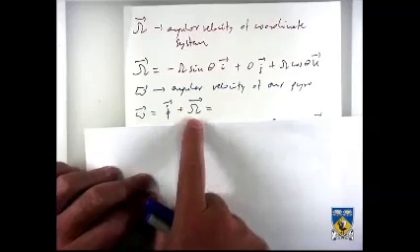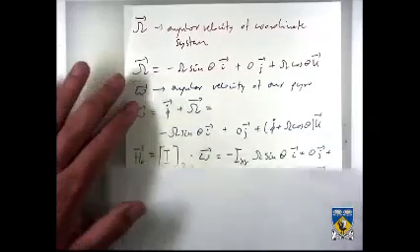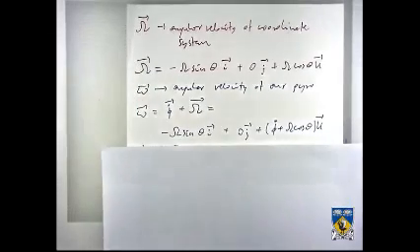In the x direction we have minus omega sine theta. In the y direction we have nothing. And in the z direction we have phi dot, which is due to spin, plus omega cosine theta.